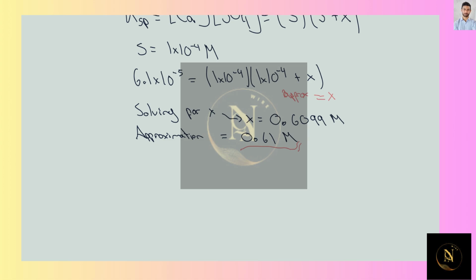We know that that is going to be the value for x, and x was the amount of sulfate that remained after precipitation.